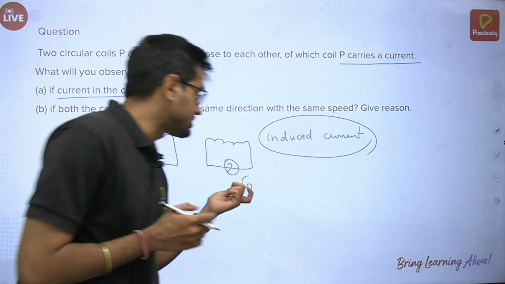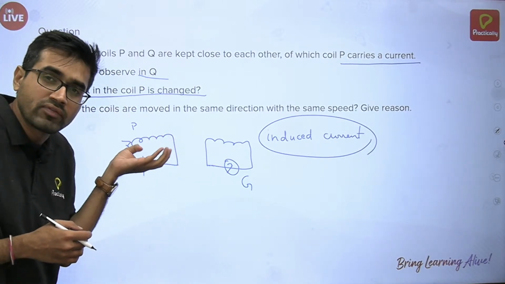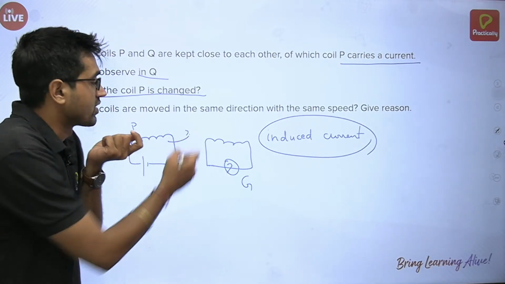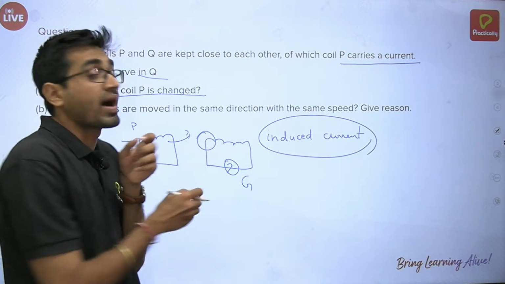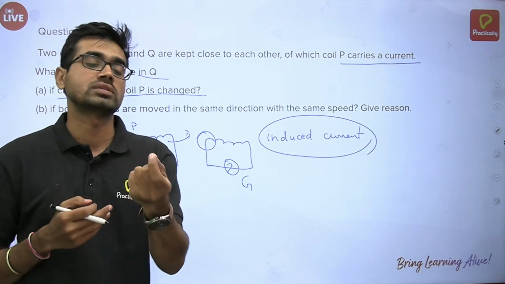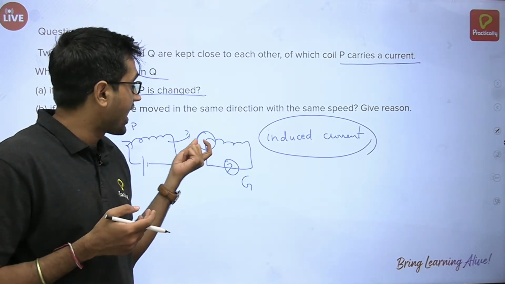So in this case, it changes because when I'm changing the current flowing in the wire in the coil P, the magnetic field which is emerging will start to change. This will indirectly change the magnetic field passing through the second coil, which is nothing but the flux. I have told you flux is nothing but magnetic field per unit area, normal, yeah.